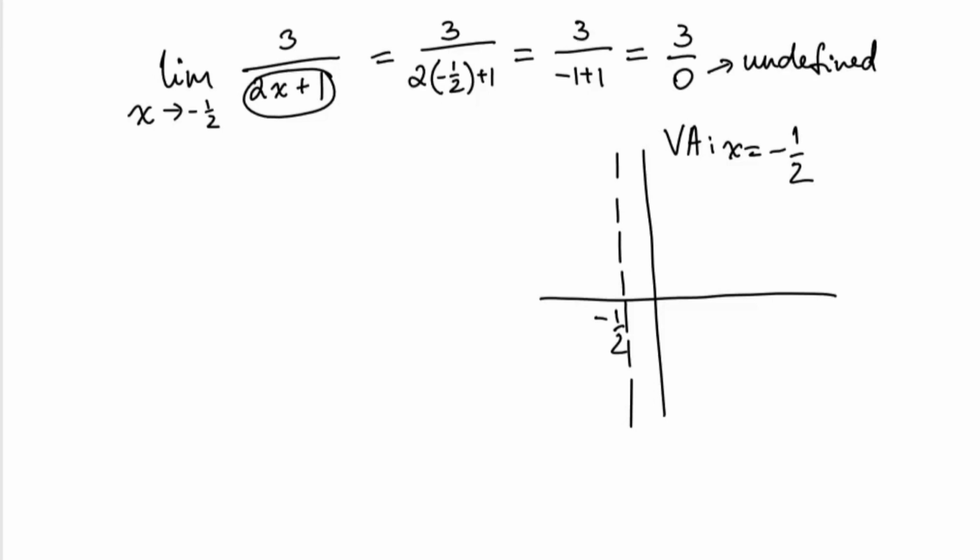It's never defined on the asymptote. It's an infinite discontinuity. The function has no limit at that particular x value. So the limit as x approaches negative 1 over 2 equals DNE, does not exist.